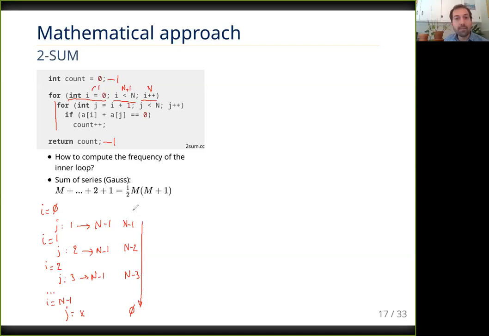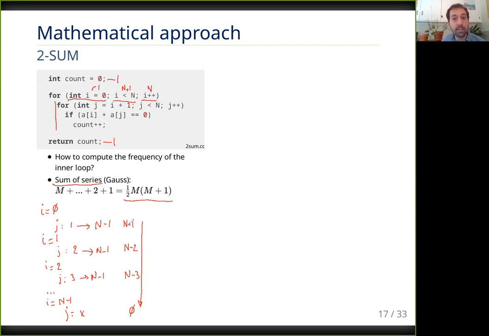So how many times total does that make? Here, it's what we call a sum of series, which the mathematician Gauss solved. Gauss said that if you have a series that goes from m down to 1, then overall the sum of all of those terms is equal to that.